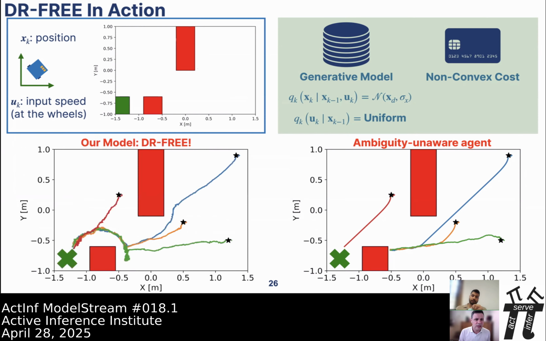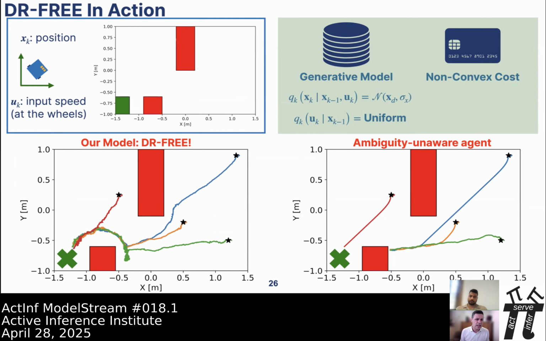With our model instead, with Dr. Free, starting exactly from the same initial conditions and exactly the same setup, you see that the robot is able to navigate towards the destination. So for example, take the green trajectory, the green path of the robot. On the right side of the slide, it will crash in the bottom obstacle.